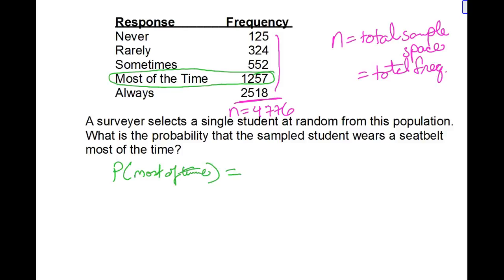We want the number for most of the time divided by the total frequency, just like we've been doing in our other probabilities.